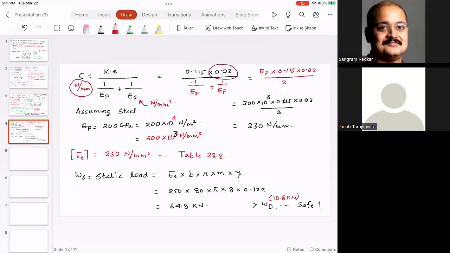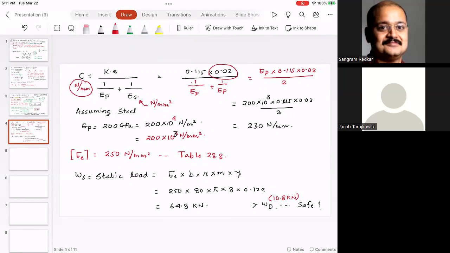Everyone understood? Can we gather a safety factor from that? You can, but not needed, because the only thing that we have to make sure is our static load is greater than the dynamic load.